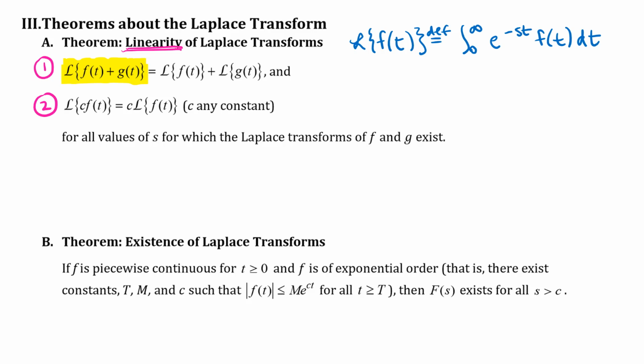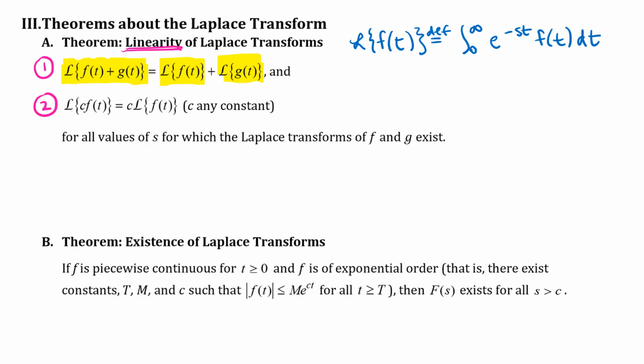So provided each of the individual improper integrals converges, then you would say that that sum converges. But this basically just says if you have a sum of two functions that you want to find the Laplace transform of, you can split that and find the Laplace transform of each function and then add your results together, just like you do when you find derivatives and integrals.